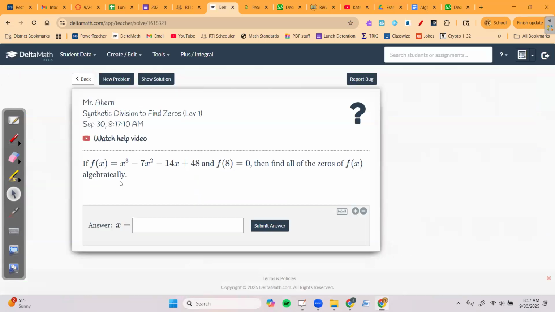Level one's going to look like this. And so all you're going to do is type in the zeros and separate them with commas. So like if my answers were two and then I hit comma and -3, comma and four, then I can submit. This one is, of course, going to be wrong because one of the answers is obviously eight. I was just showing you that that's how you're going to type in your answers, okay?